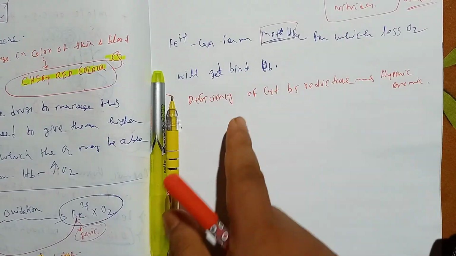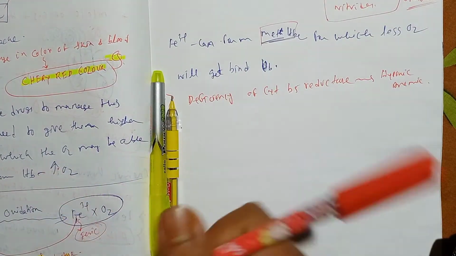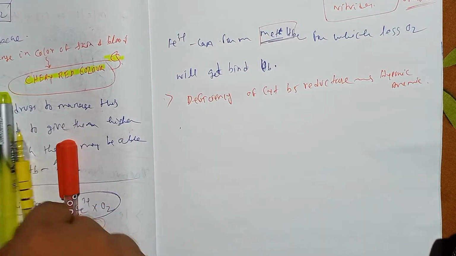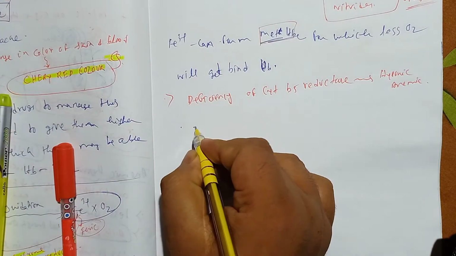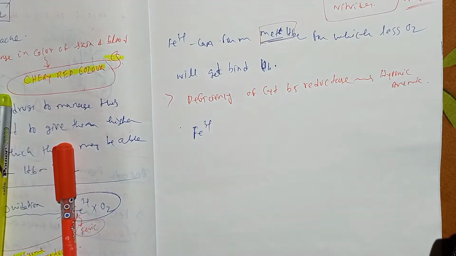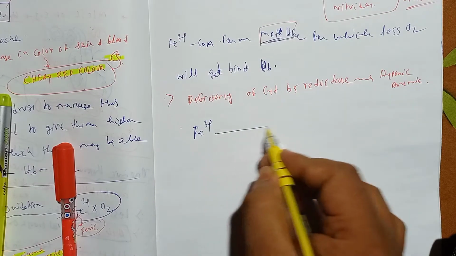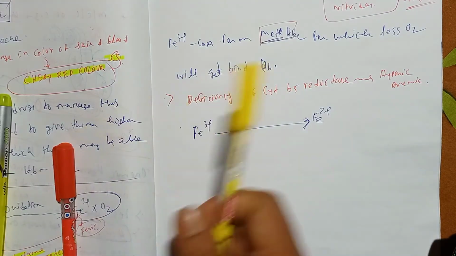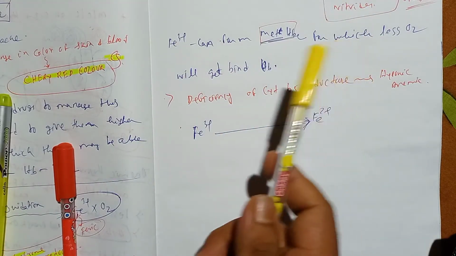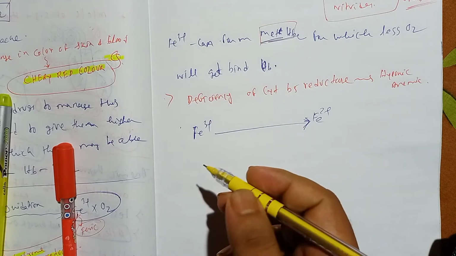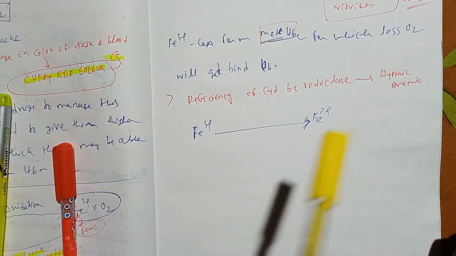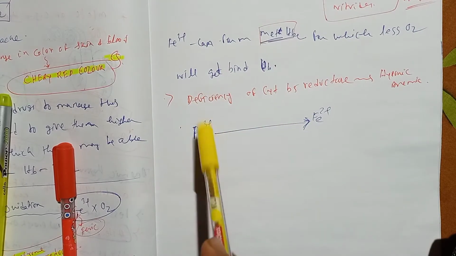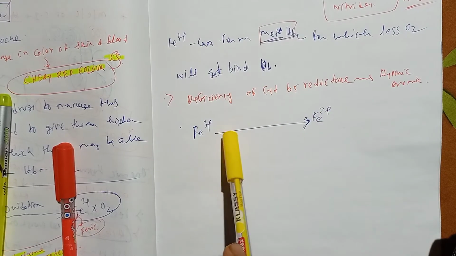First, suppose there is a deficiency of the cytochrome B5 reductase, then what can we do here? There are medications. If it is Fe3+, then we can make the Fe3+ into Fe2+. What was our problem? In the previous case, the Fe2+ was getting oxidized and converted into Fe3+, and that was the major problem. Now if you want to solve the problem, we have to change the Fe3+ into Fe2+. That means we have to reduce it.